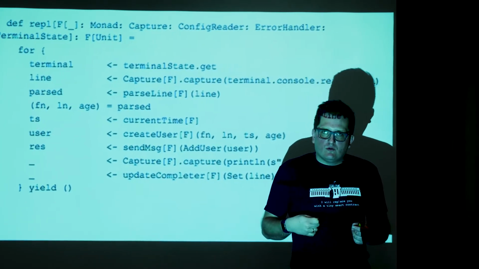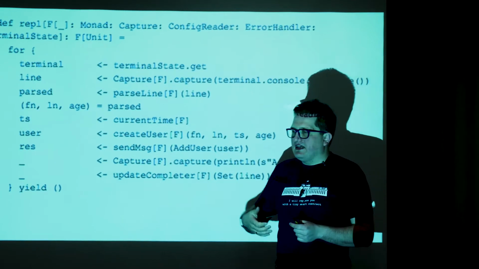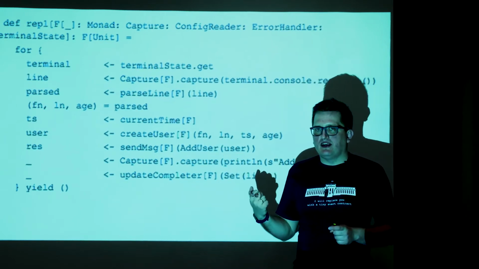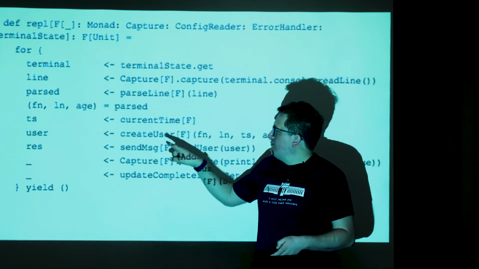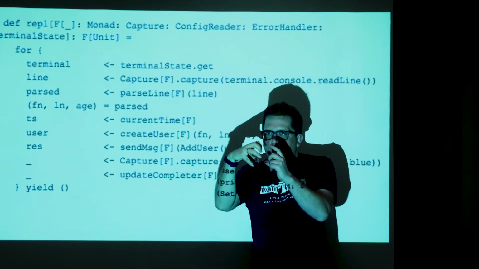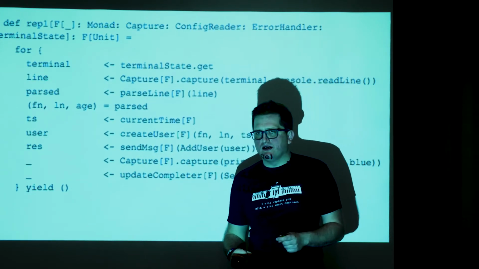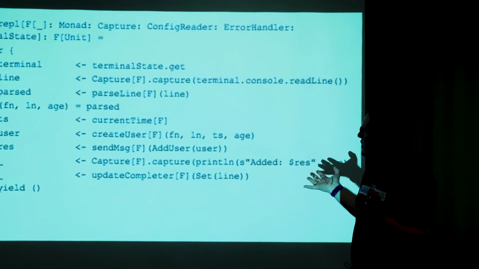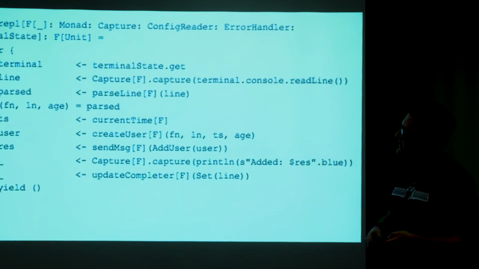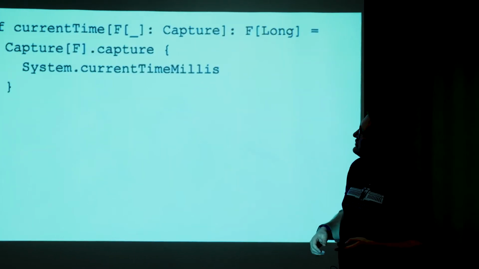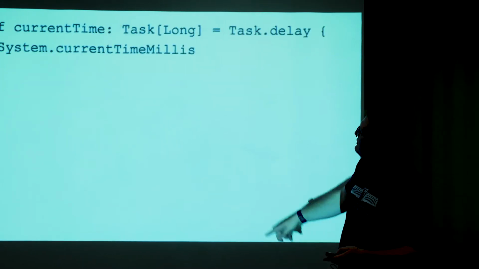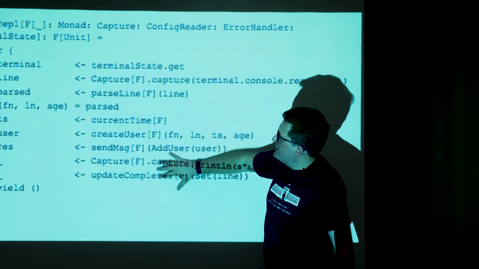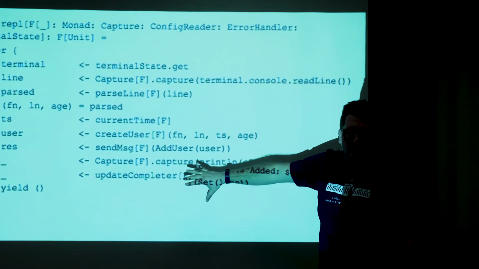I would like to write a test that says if the current time is 10, then the 10 will be part of the user that is being created. I cannot really do that, because underneath, that current time is closed over Task, but it's still calling the underlying System.currentTimeMillis. So we don't gain testability here, but what we do gain is a little bit cleaner code, especially when we write those functions and put all those calls together. I would argue it's definitely more readable.